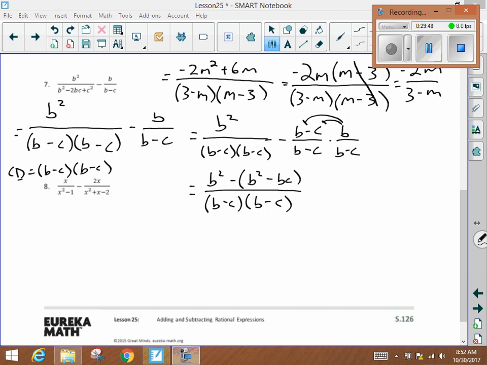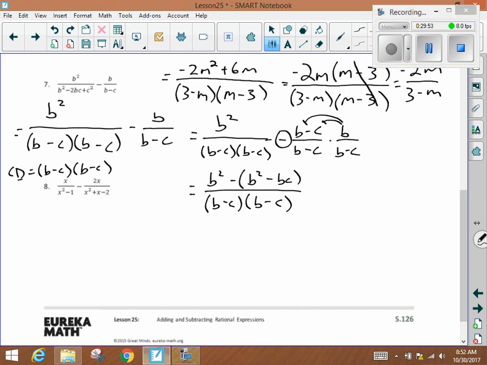All right, so I erased some stuff. We've got to be careful that this negative sign is this negative sign right here. I just about made the same mistake that I told you not to make at the very beginning of the lesson. It's going to change this to a positive when it was a negative before, and same with the other one.